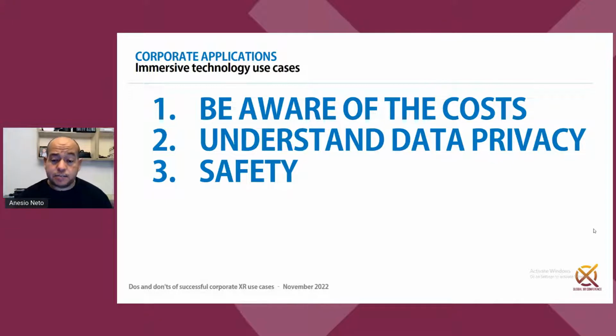Safety, and by safety, I mean, as I mentioned before, sometimes you can use headsets in hazardous environments. You can use headsets in places where the person will have the vision blocked. So for assisted reality, for example, we have two good examples of headsets, the RealWear and Microsoft HoloLens, that you can take the lenses out of your way.